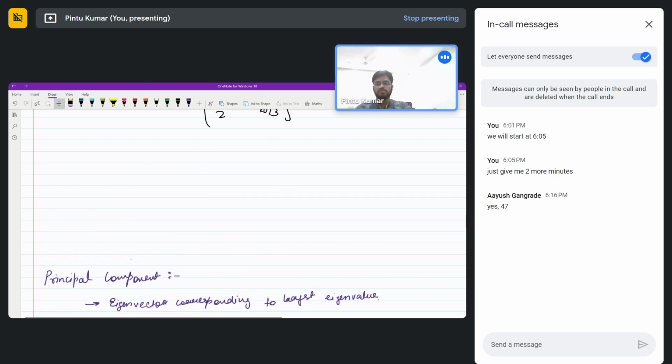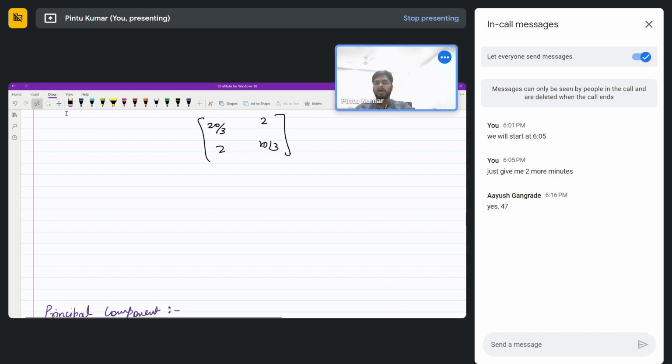So I'll just start with an example. Let's say you have a 2D plane, and you have some data points here, and you have some other data points here.